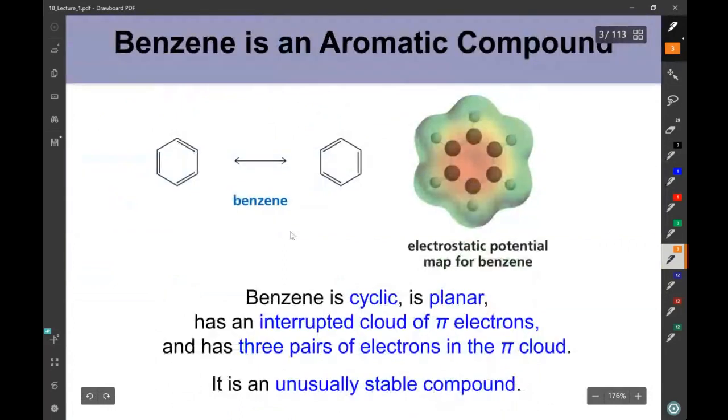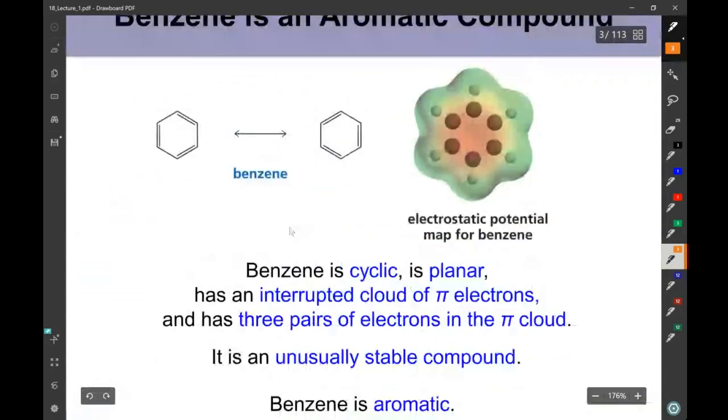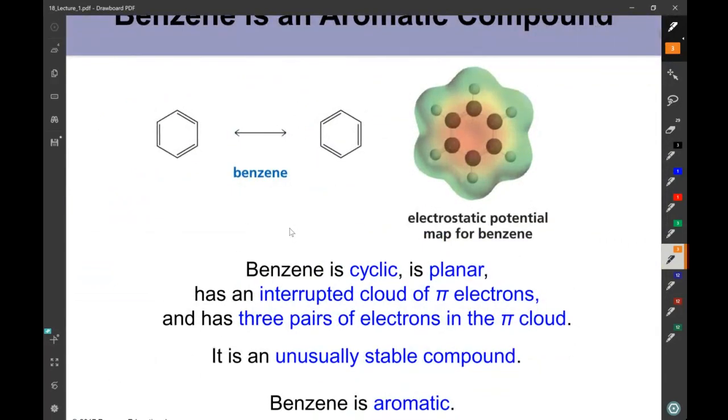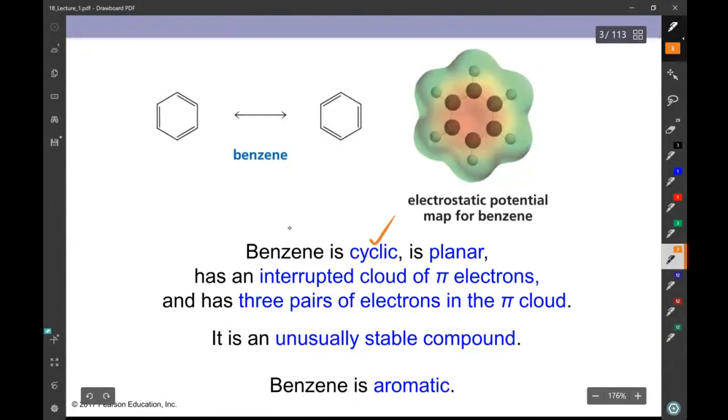And again, we've already discussed that benzene is an aromatic molecule. We all know why. Because benzene is cyclic, benzene is planar, it has a conjugation, and then it has an odd number of electrons. Does that make sense? And because it is an aromatic molecule, it is a stable molecule. These are just the things that we've talked about earlier on.